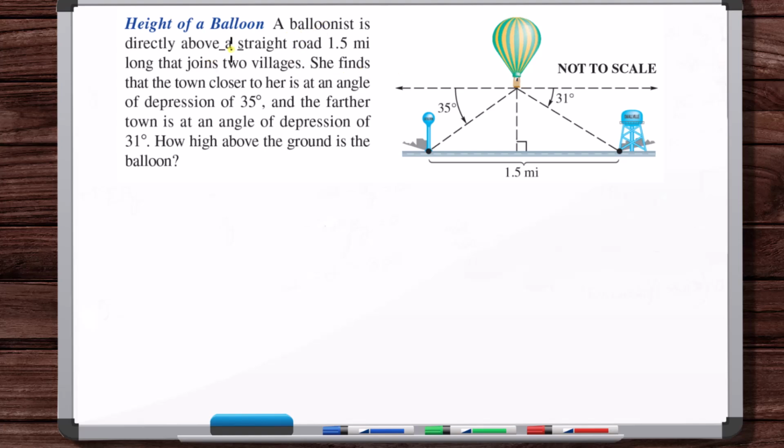So, the balloonist is directly above a straight road 1.5 miles long that joins two villages. She finds that the town closer to her is at an angle of depression of 35 degrees, and the farther town is at an angle of depression of 31 degrees. Okay, so we want to solve for this. Well, 90 minus 35 is 65. 90 minus 31 is 69 degrees.